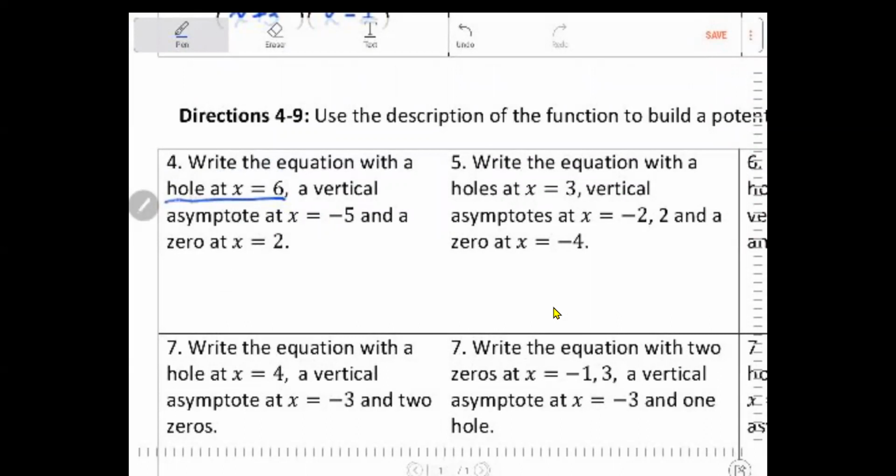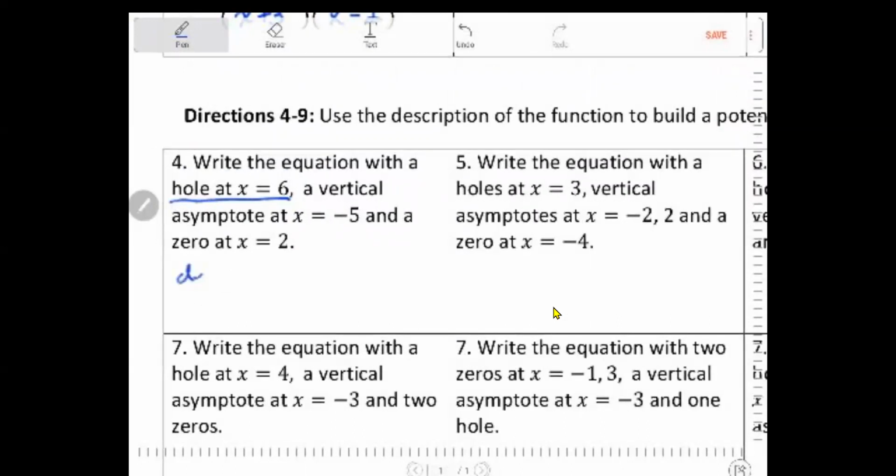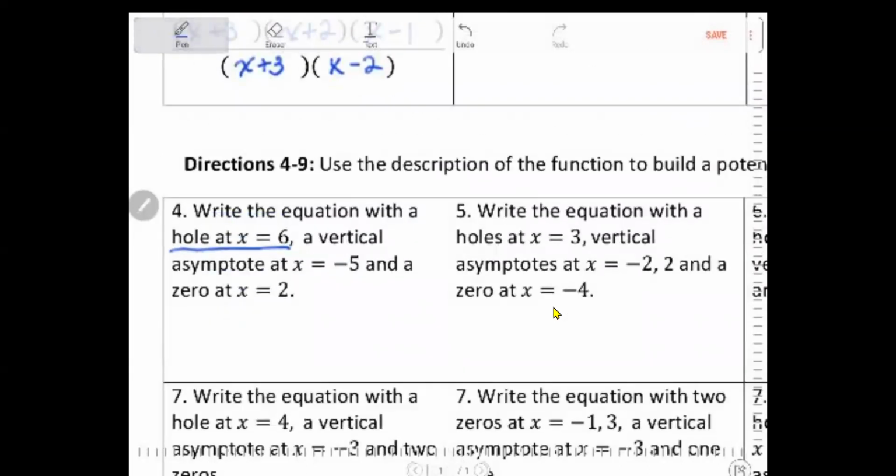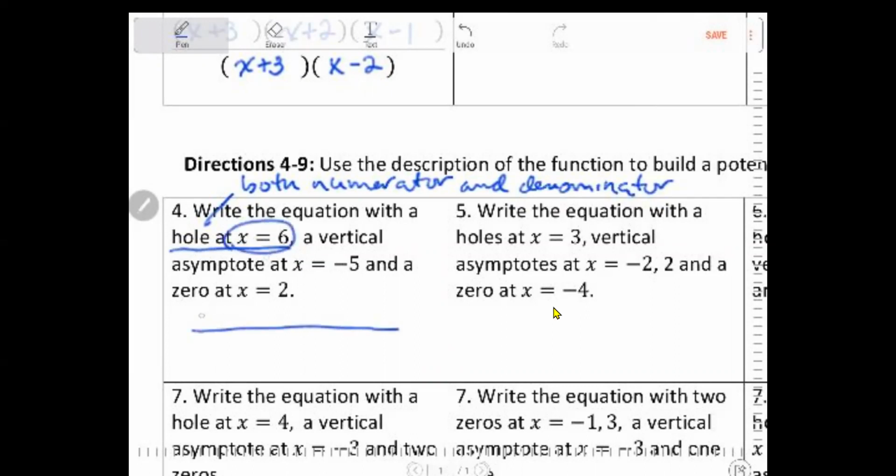We know that a hole is in both the numerator and the denominator. Since this is x equals 6, our factor is going to be x minus 6, so we're going to have an x minus 6 over an x minus 6.